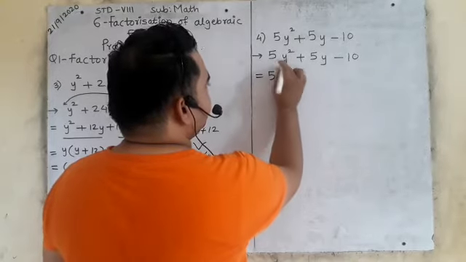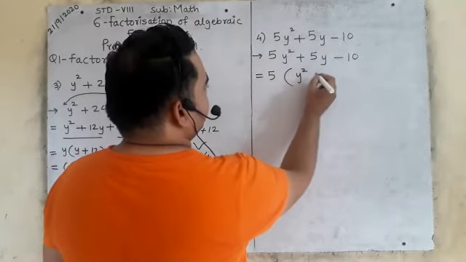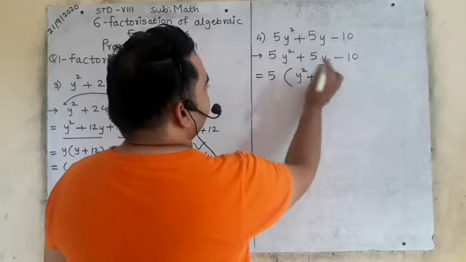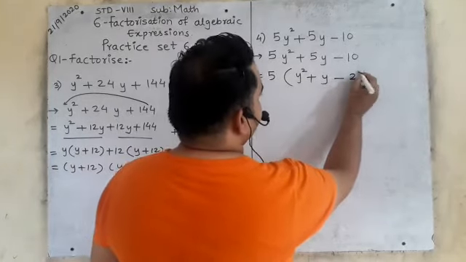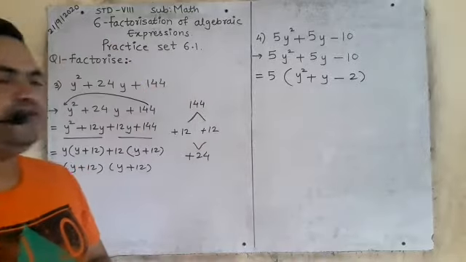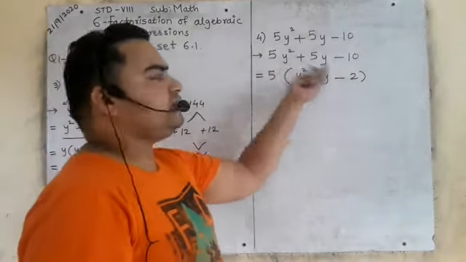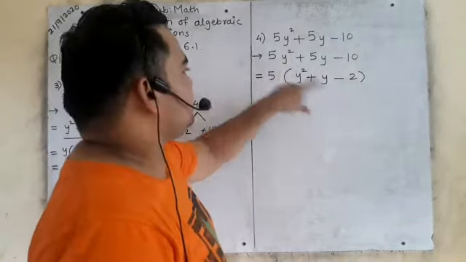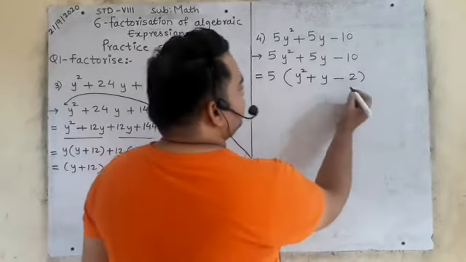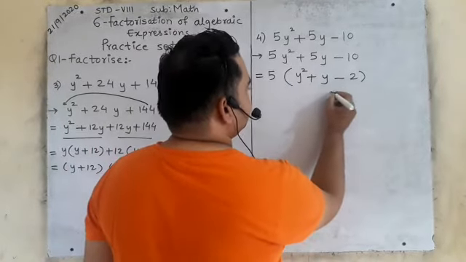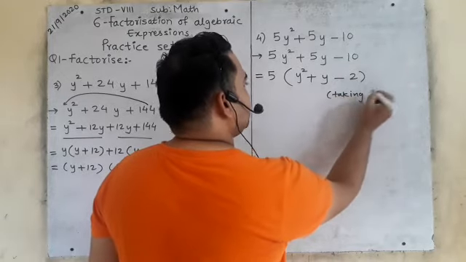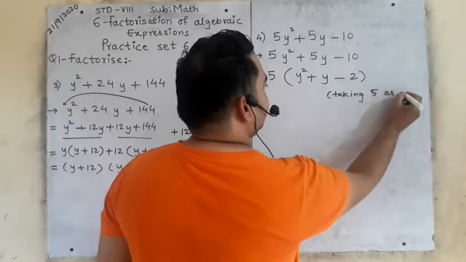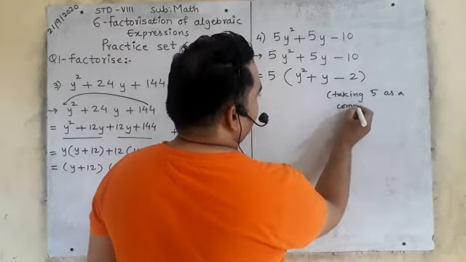What will be left from here? y square plus, 5 1s are 5, so only y, minus, 5 2s are 10, so 10. So this is how you have to take out the common. We have taken out 5 as a common.